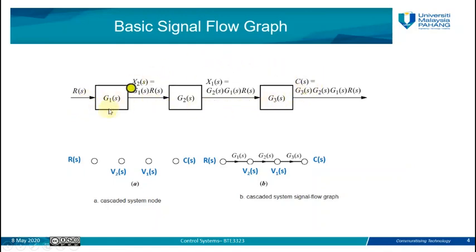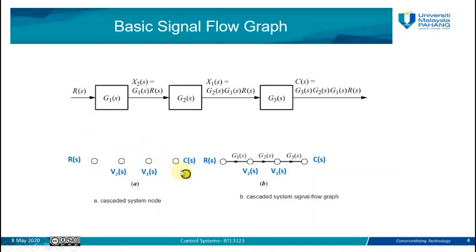In order to convert this block diagram into signal flow graph, we need to identify the nodes and branches. So how many nodes do we have? Usually we have at least 2 nodes, one input node and one output node. In between, we call them the intermediate nodes. Here we have R(s), so we just draw one node and call it R(s).